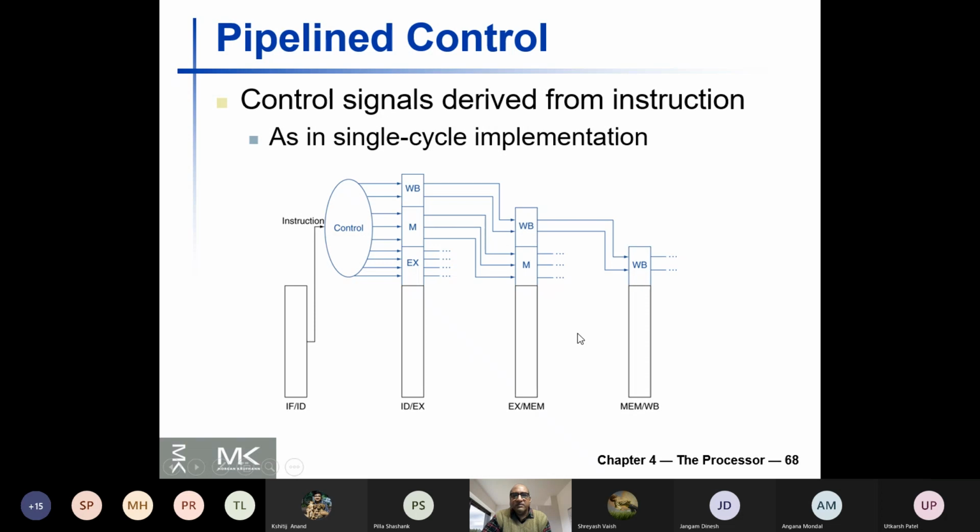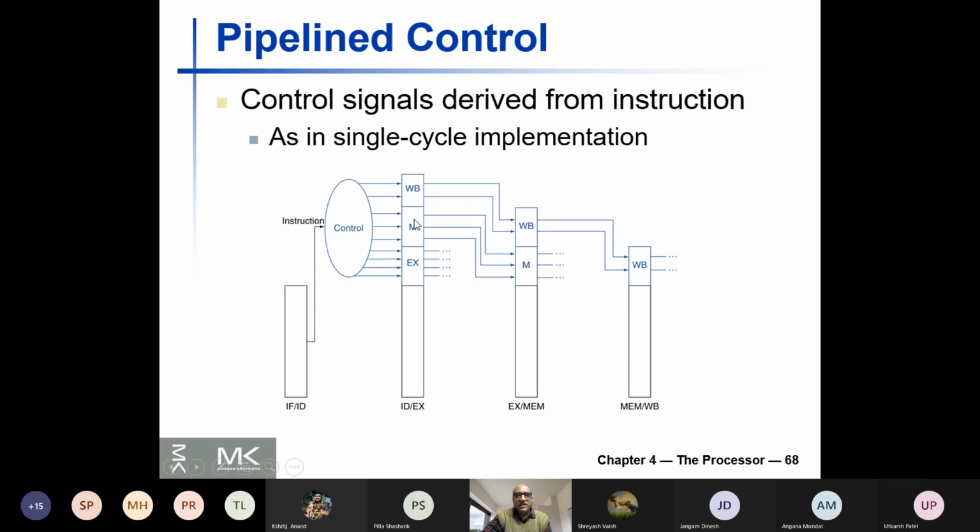And then when the instruction passes on to the data memory stage, the appropriate control signals corresponding to data memory will be released and passed on to here. And similarly, the write back ones will simply be passed on to the next pipeline register because they are not required here. So if you look at it, the controller will be similar to the single-cycle data path.